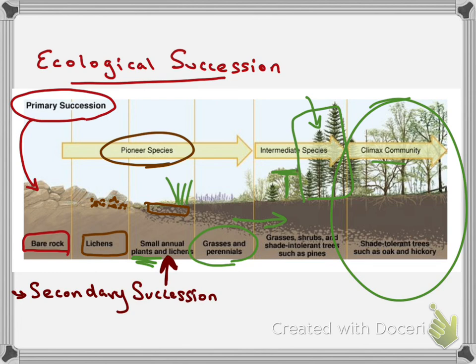This still takes time, and the successive stages still modify the habitat, but you're starting from a different point. Okay, so that is the beginning of looking at community interactions with a focus on interspecific competition. Hope that is helpful.